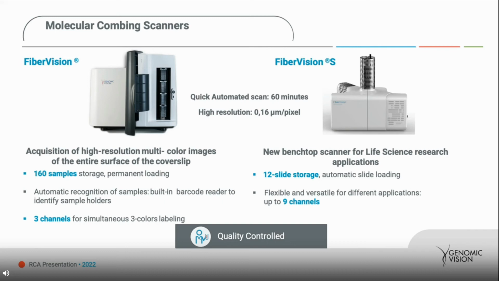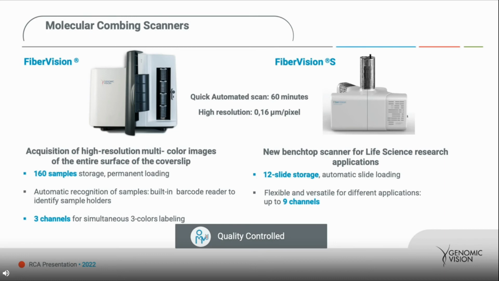For the scan of the comb cover slip, you can use either the FiberVision or the FiberVision S scanner. Both scanners have the same high resolution at 0.16 micron per pixel and allow a quick automated scan of 60 minutes per cover slip. Now, the main difference between the two scanners is the sample storage and the channels.